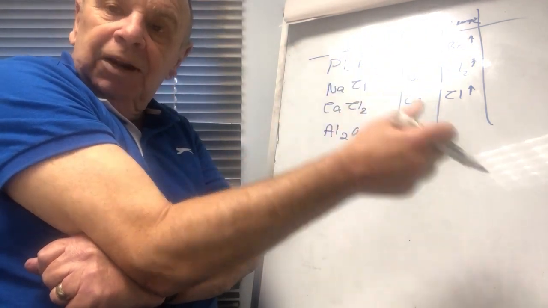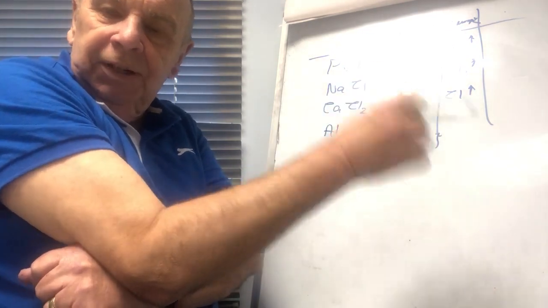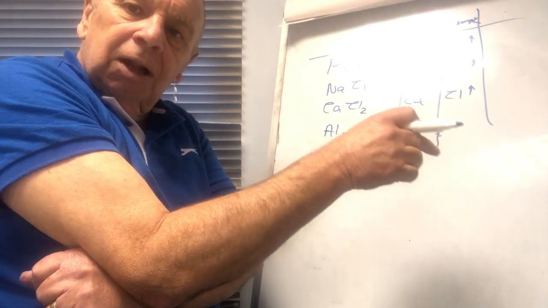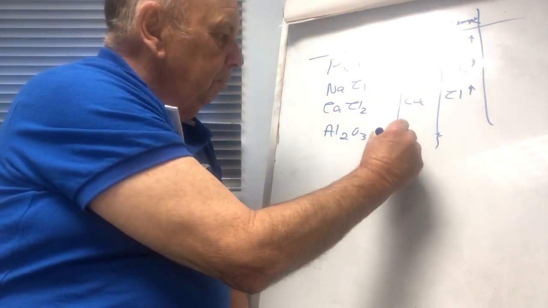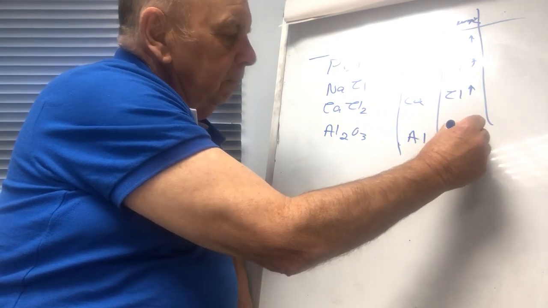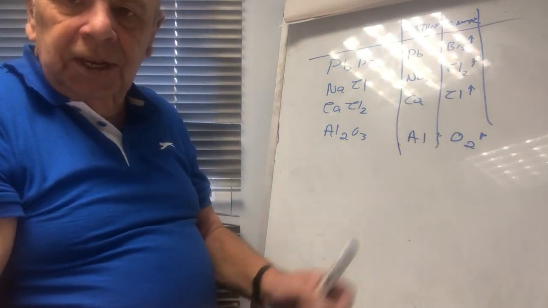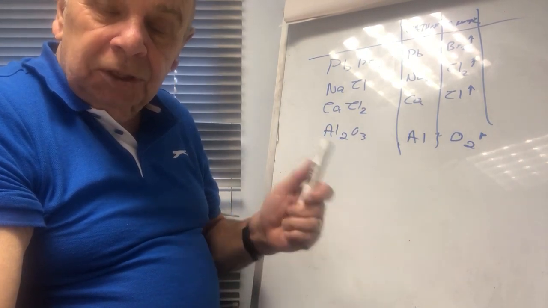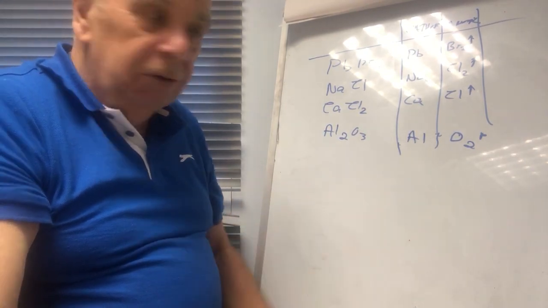And how do they get it out of the ground? They take it out of the ground and it's electrolyzed to give me aluminium and oxygen gas. So that's electrolyzing compounds in a molten or fused state.